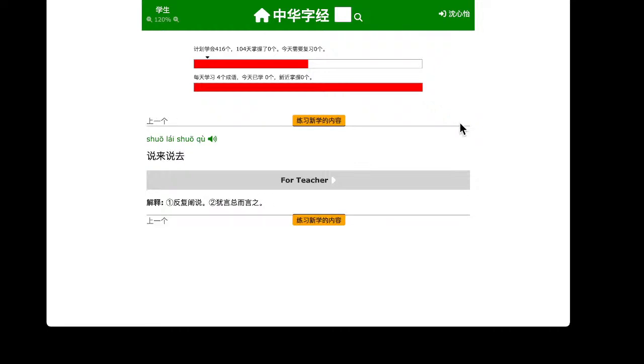Next one, 说来说去: you talk here, you talk there. Conversation goes in circles and has no conclusion. That's it? Why is it only giving me 2 of them?